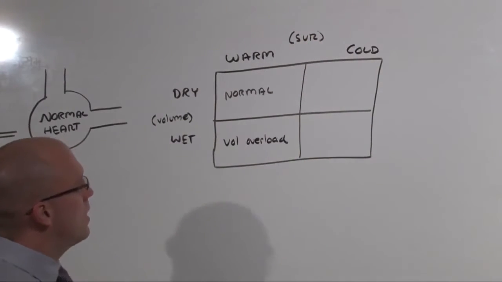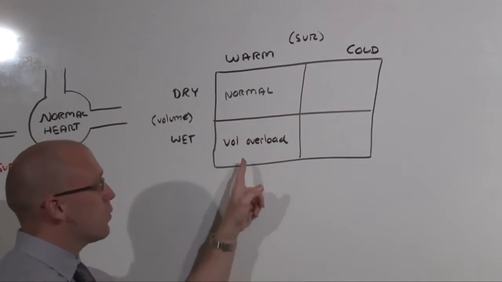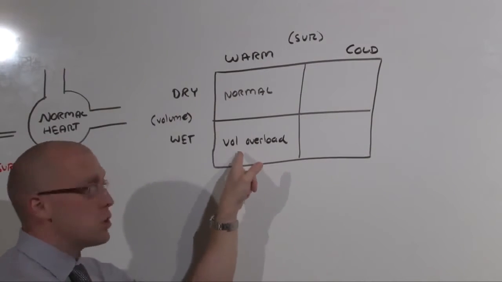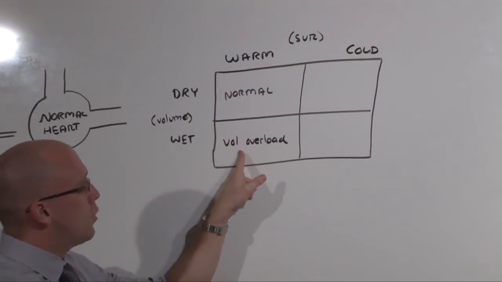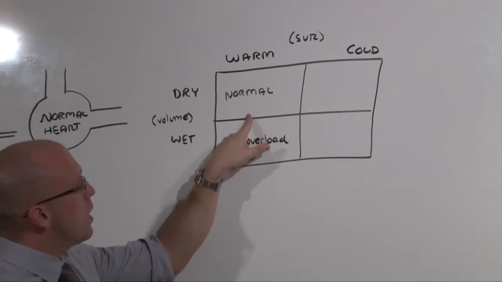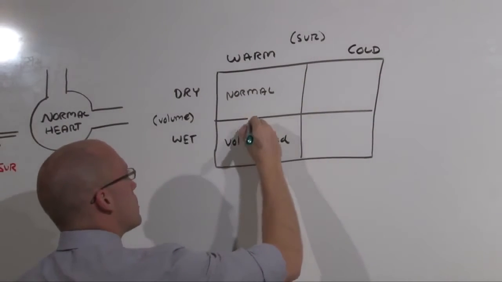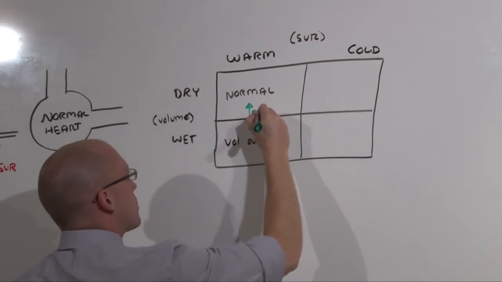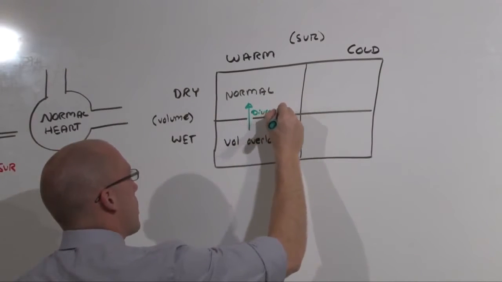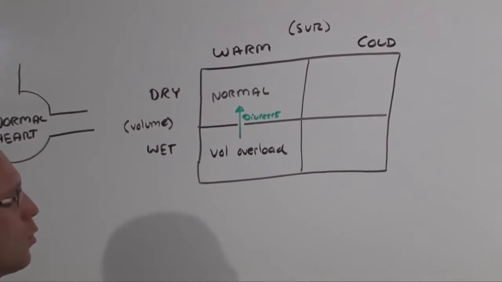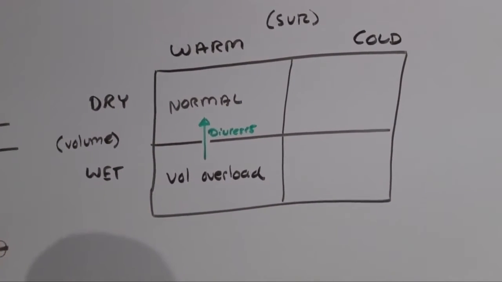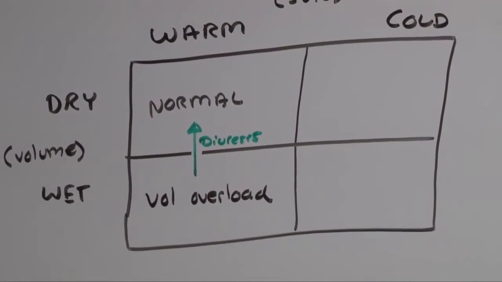It makes sense then that if a person comes in a little volume overloaded, and that's their only issue, they are truly warm and wet, the way you get them back to normal is by taking off the volume. That is, they improve with diuresis. What is more dangerous is when the patient is cold.